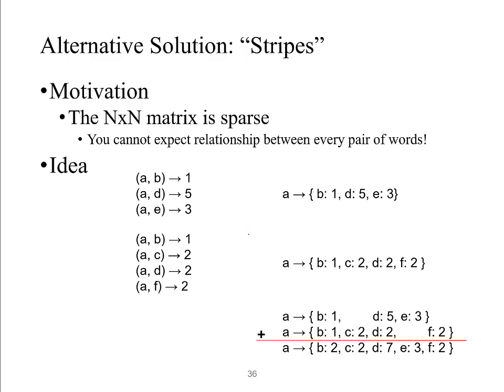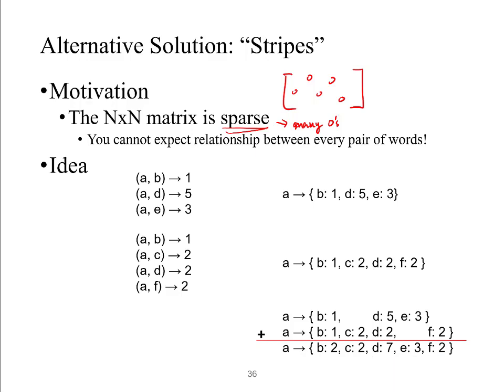So basically, the observation is that the n times n matrix is quite sparse. Sparse means in a matrix, you would see a lot of zeros. The reason is straightforward, right? You cannot expect to see a relationship between every pair of words or terms.